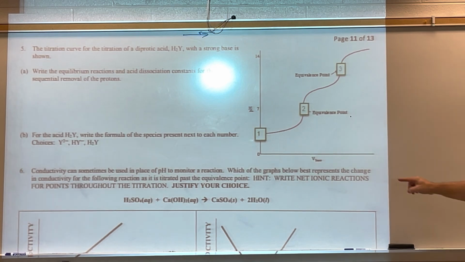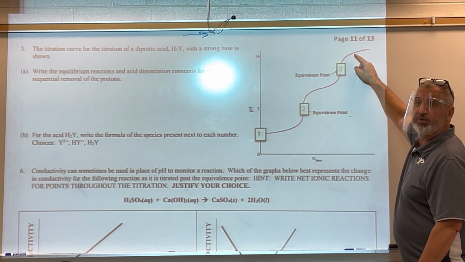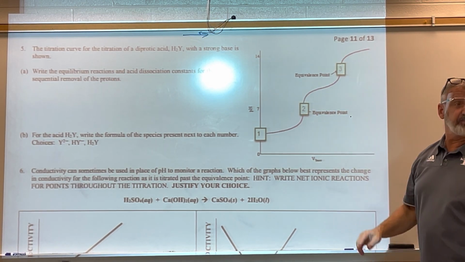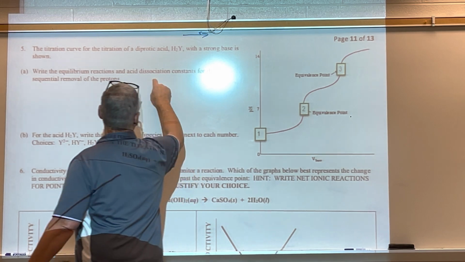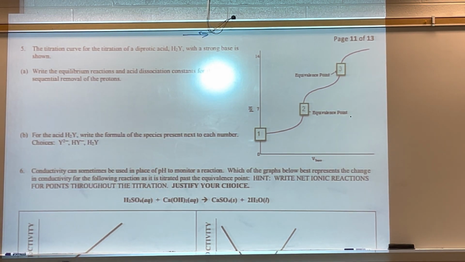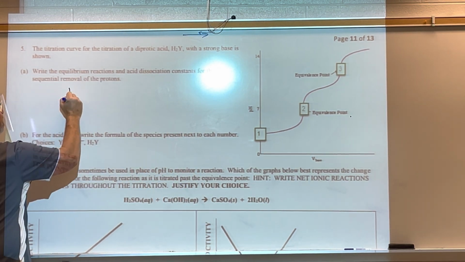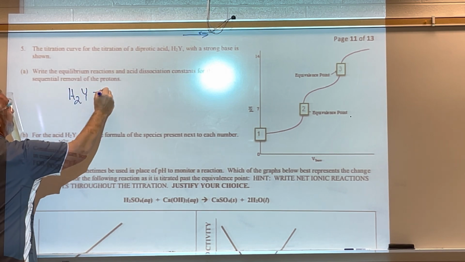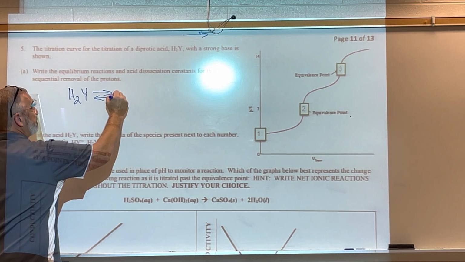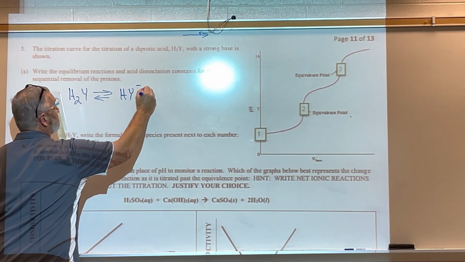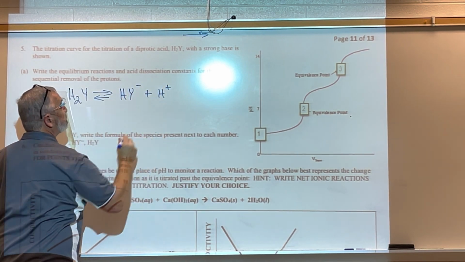Now notice, with a diprotic, there are two equivalence points, because each hydrogen comes off one at a time. Okay? Write the equilibrium reactions for that, and the acid dissociation constant for the sequential removal of the proton. So it's simply going to be H2Y going to what? HY minus plus H plus.